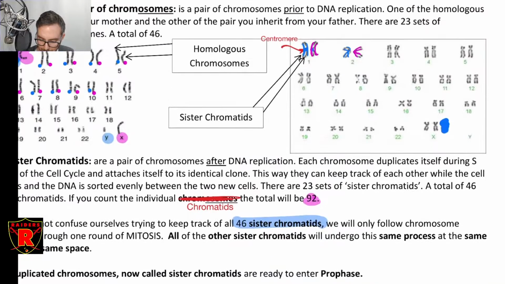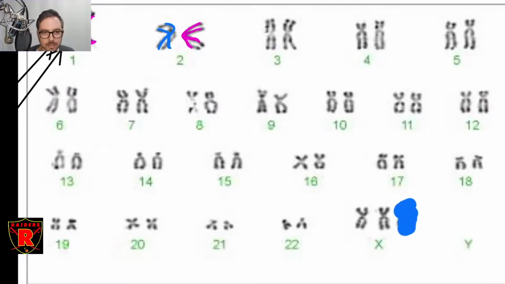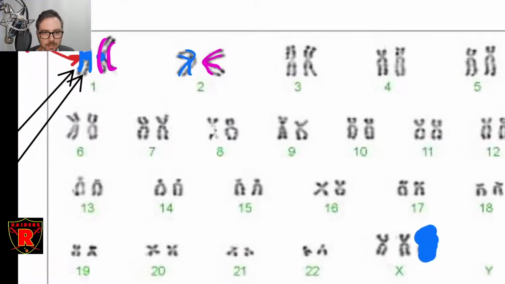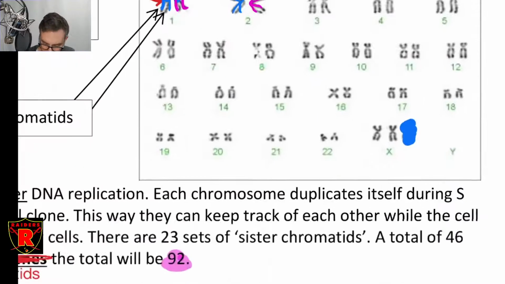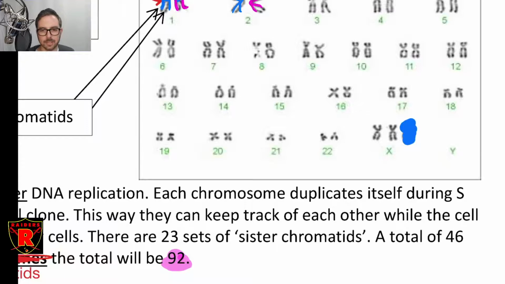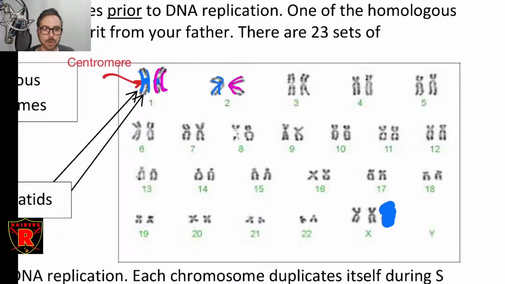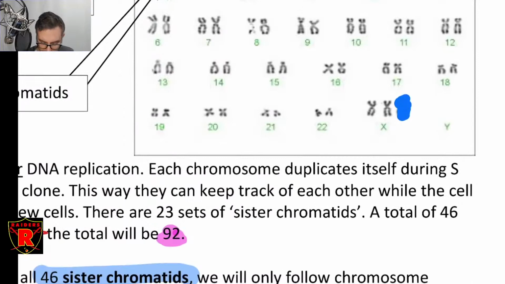So now, if you were to actually go through and count each stick, keeping in mind that there are now identical copies attached, now there are 92 sticks of DNA, or 92 strings of DNA, because we had 46 chromosomes, right? And then we made a copy of each, so there's now 92.